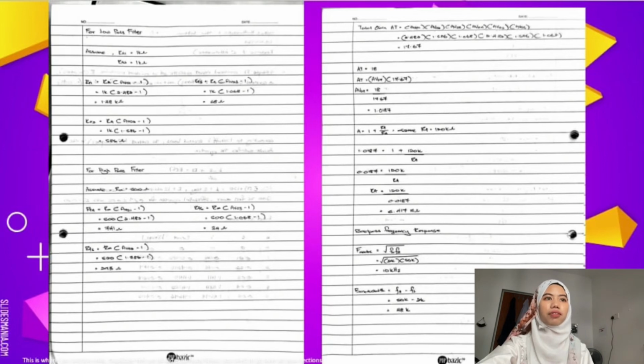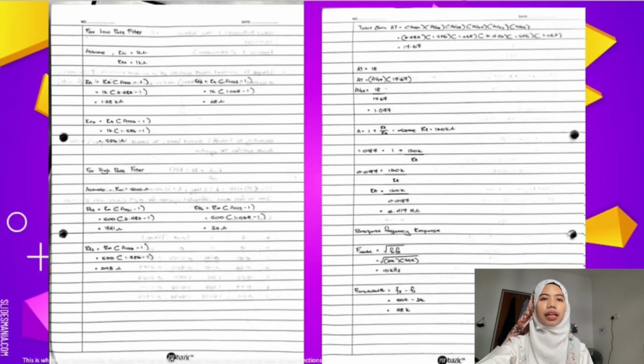For the high pass filter, we assume that RA is 500 ohm and we get this answer. To find the total gain, we multiply all the gains and we get the answer 17.67.